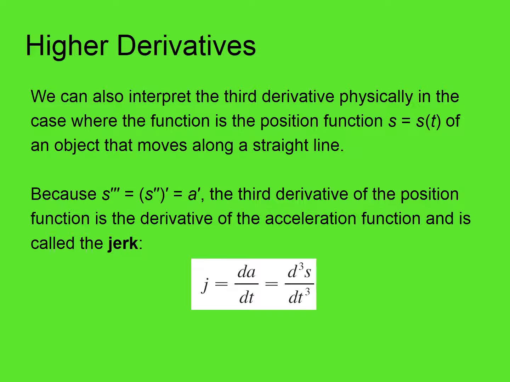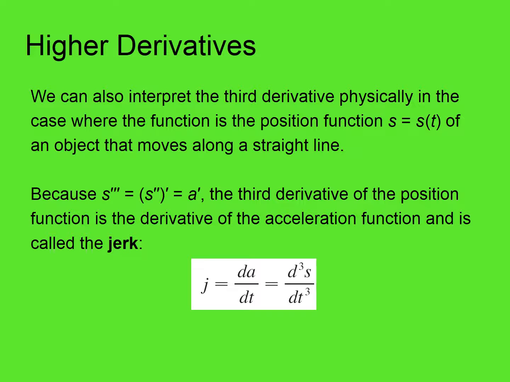You've got position, the car's in a position. Then you've got velocity, which, to oversimplify, is the speed of the car. And then you've got the acceleration of the car. Maybe it's getting faster and faster, or maybe it's getting slower and slower. But then what's the rate of change of acceleration?